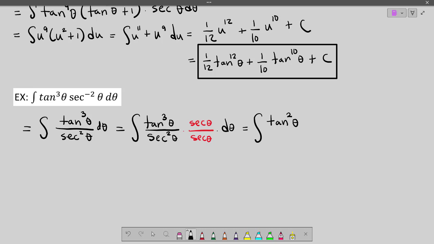And when we pull off our sectan, here's what's going to be left over. So we're pulling off a sectan. Secant theta, tangent theta. That's going to hang out with the differential. It's going to go into this little box over here. Our blue box.